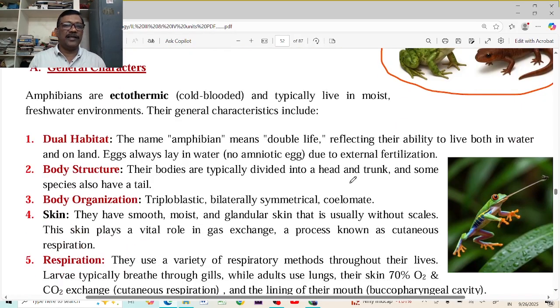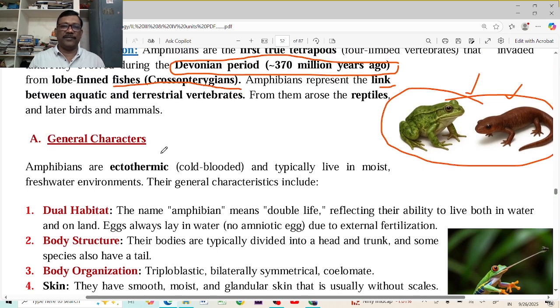Normally, among the general characters, the first important character is that these are cold-blooded animals, or ectothermic animals. What are ectothermic animals? We are endothermic animals. The birds and mammals are endothermic, warm-blooded animals.